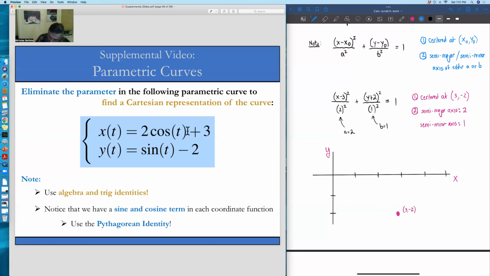Now we're told we have a semi-major axis of 2, so this ellipse will move in the horizontal direction a length of 2 each way, whereas vertically we have a semi-minor axis of 1, so it's only going to go up and down from that center point by 1. So let me try to draw an ellipse. This is basically a plot of what our Cartesian representation looks like for that original parametric curve.